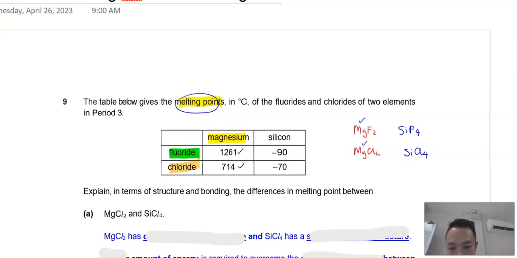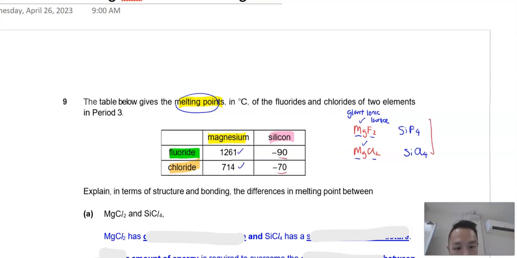So when we look at the melting point data, it's quite clear that these two have quite high melting points, and it consists of a metal and a non-metal. One look, I can presume the structure will likely be a giant ionic lattice for these two compounds. Conversely, in the case of silicon chloride and silicon fluoride, the melting points are significantly lower.